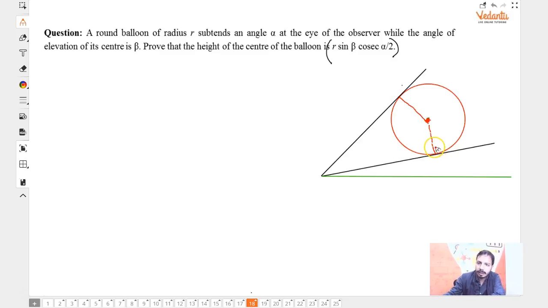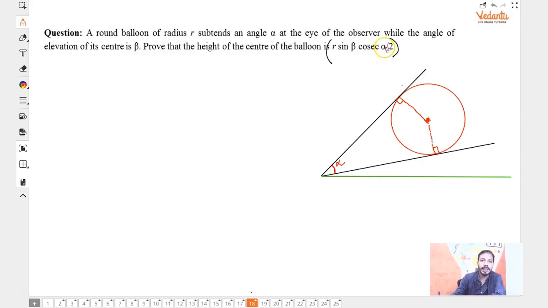And see guys, this will be 90 degree, and these are the tangents. Now it is said that the balloon of radius r subtends an angle alpha at the eye. So that means this angle is completely alpha, right?